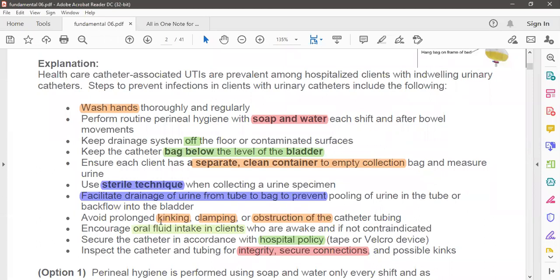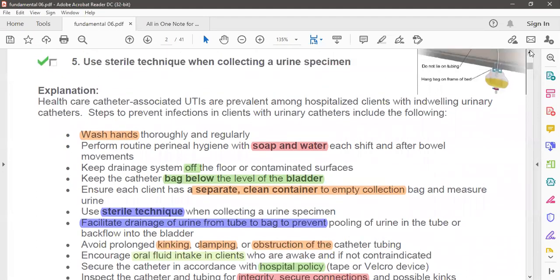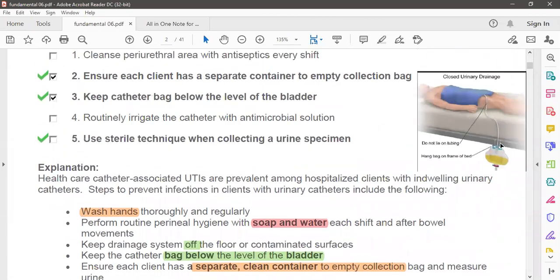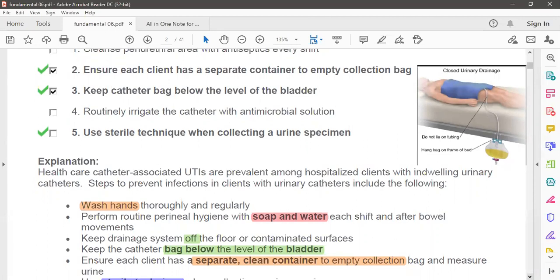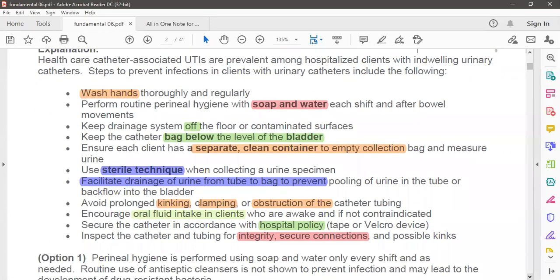Avoid prolonged kinking, clamping, or obstruction of the catheter tubing. So we have to avoid clamping or kinks. So this is the tube. We do not make it bend, and we do not kink or clamp it. Ensure oral fluid intake in the client who is awake.